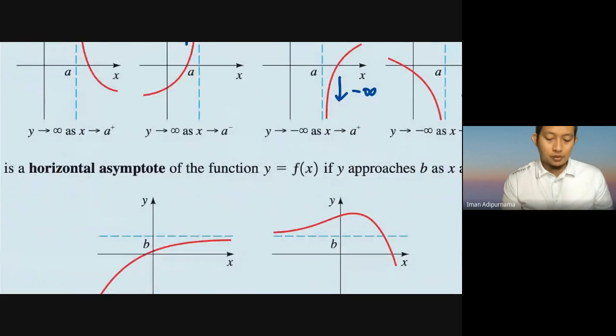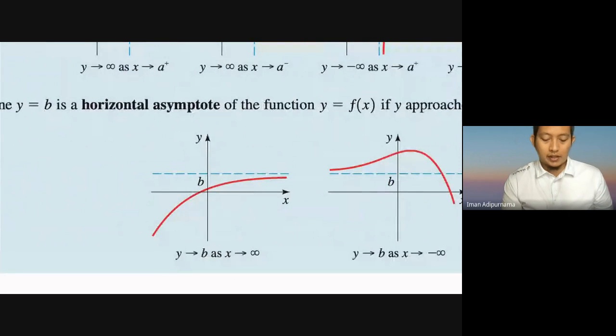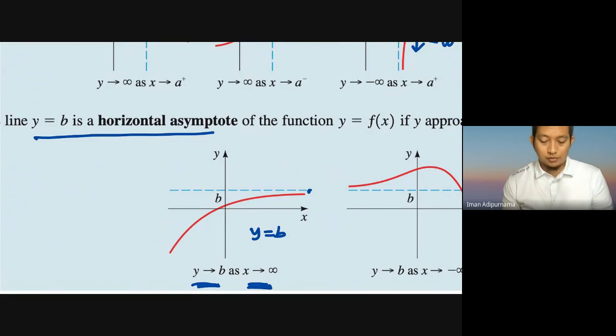And we also have the horizontal asymptote, where the difference is that we are looking at x getting infinitely large. So x is getting large, and y is getting closer to this b. And we can say y equals b is our horizontal asymptote.